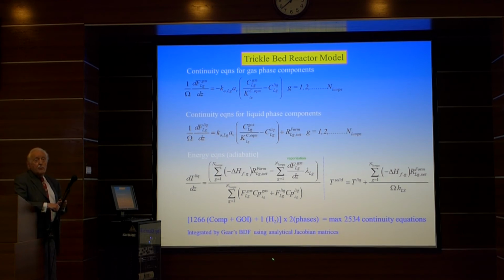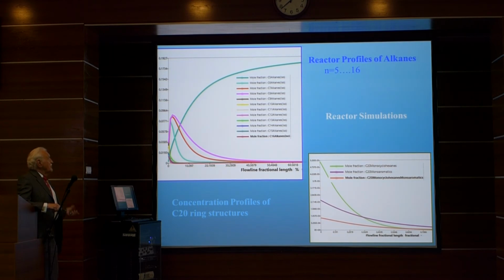But there are methods to do that, and efficient methods have been proposed to do that. The result is you have everything that you want to know about any components in the feed that you want to follow. I'm just selecting here the profiles of the alkanes going from C5 to C16 in the reactor.